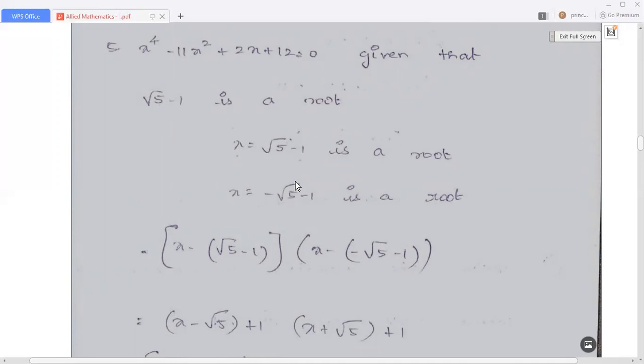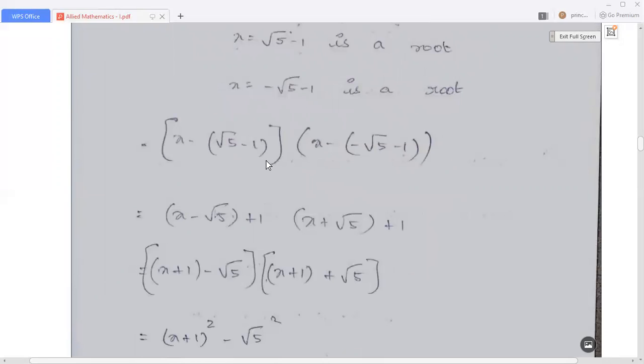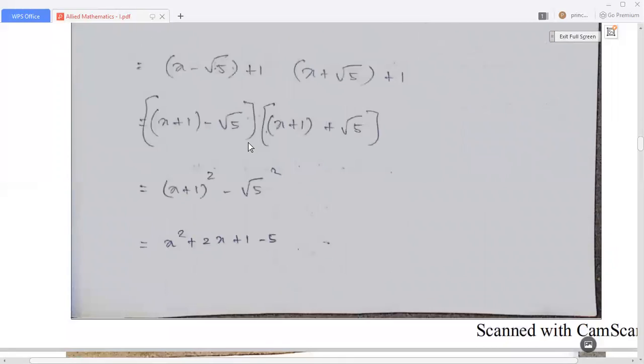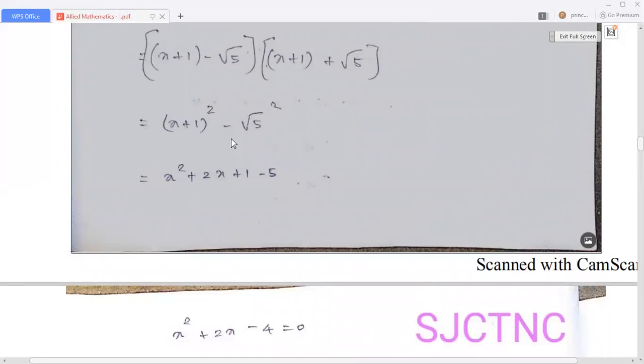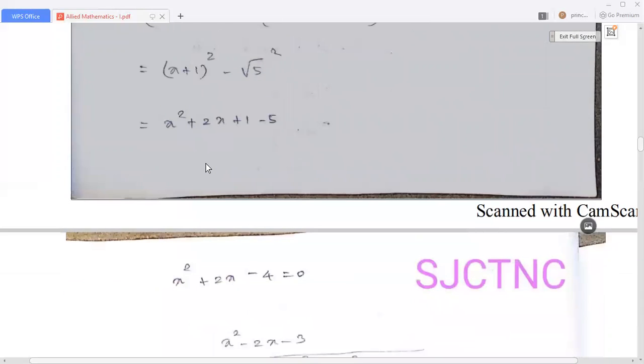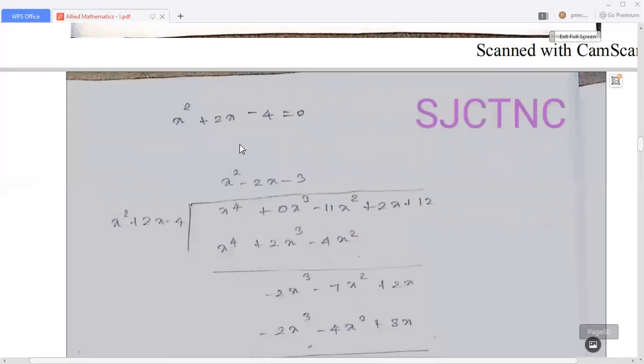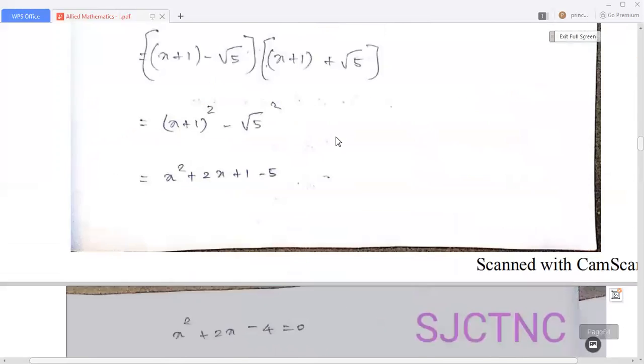Using these two roots, we can perform this multiplication. When you multiply these two factors, we get a quadratic equation. That quadratic equation is x square plus 2x minus 4 equal to 0.